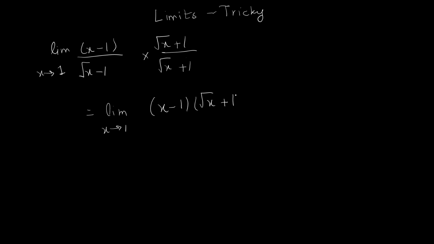The rest of the multiplication is very similar to what we did earlier, but stay alert because now we have the difference of squares formula in the denominator. And after the substitution, you get 2.